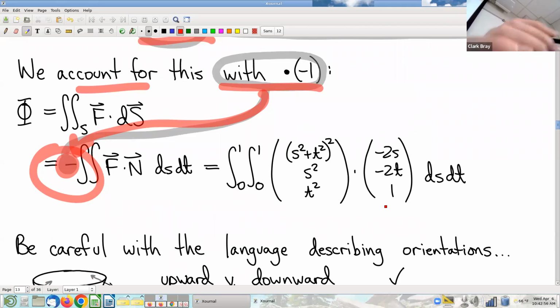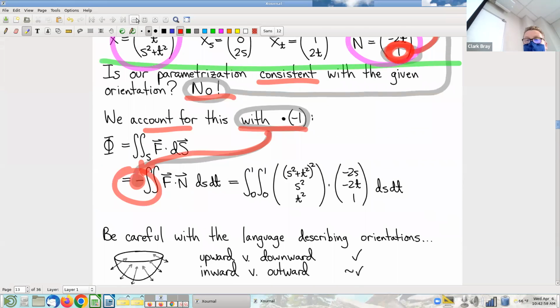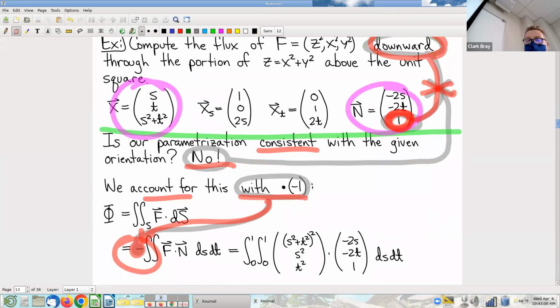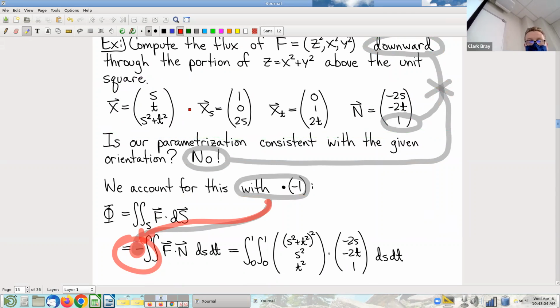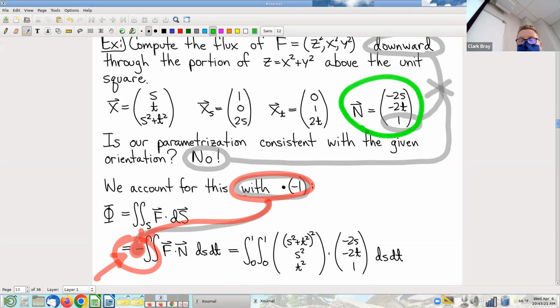Now, I emphasize, let me clean up the mess here. We've fixed our error here with this -1. There it is, -1. Orientation issue resolved. Some students will then make the mistake of thinking, oh, but that also means that this is backwards.